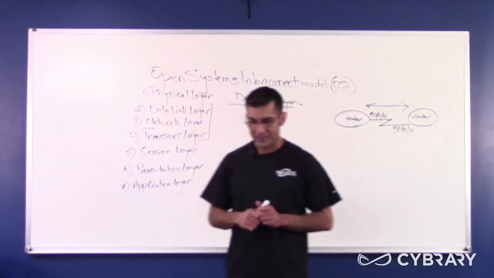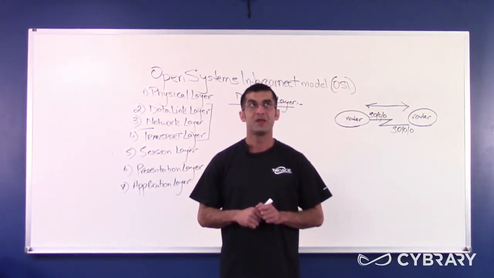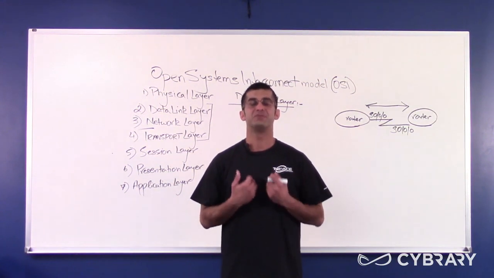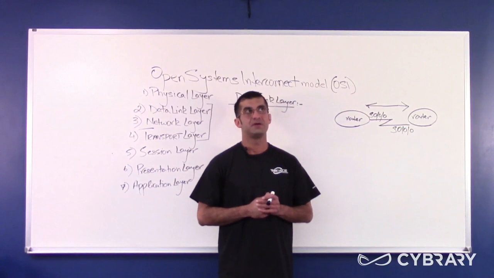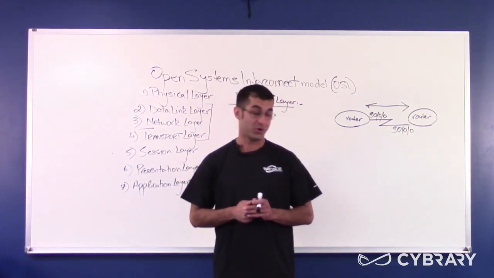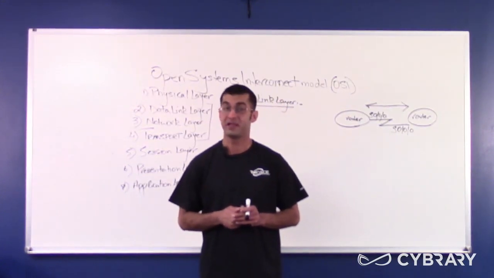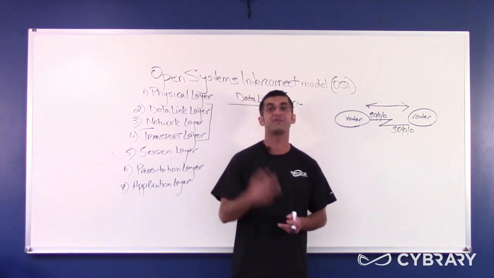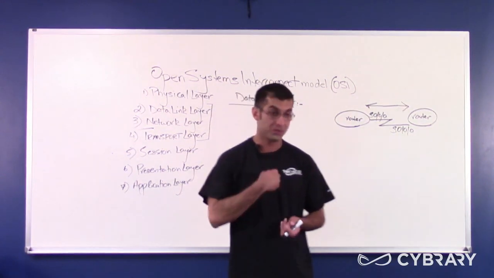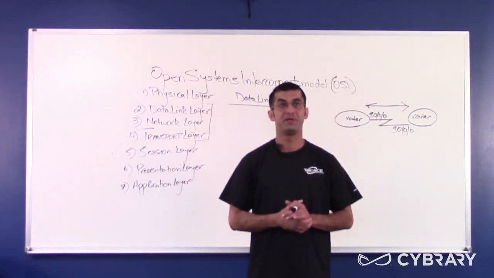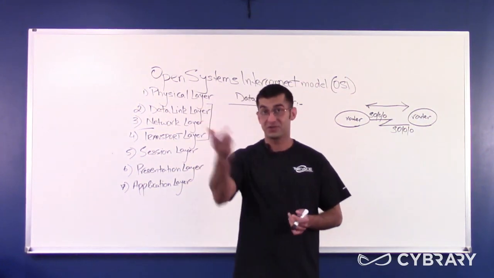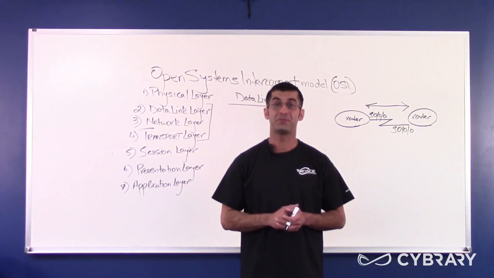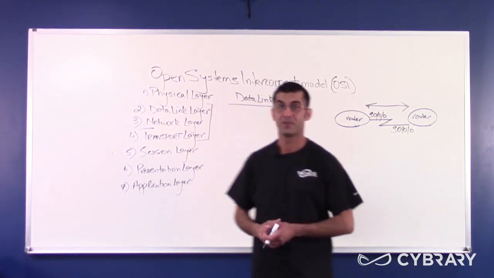Well, before we get to what a frame looks like, when there is data transmission between two devices, just like when there is data transmission between your home and somebody you're mailing a letter to, you need two pieces of information. You need your own house address, which would be your source address, and you need a destination address, which would be the address of the person you're sending the letter to.